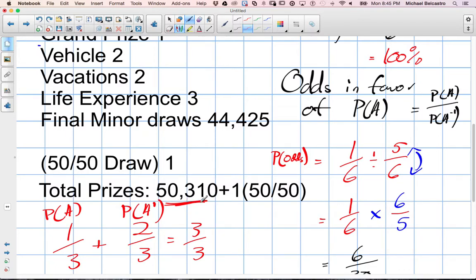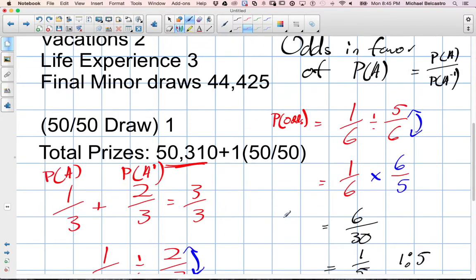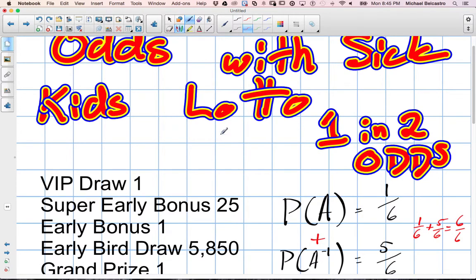If there's this many prizes, we need to multiply the number by 3 to figure out how many total tickets there are. So we take 50,310 and multiply by the 3 total outcomes, and it becomes 150,930. That's a lot of tickets.